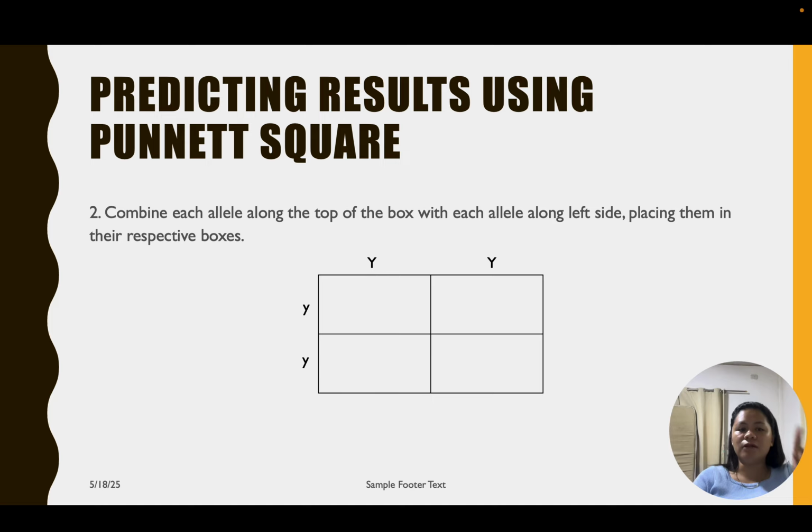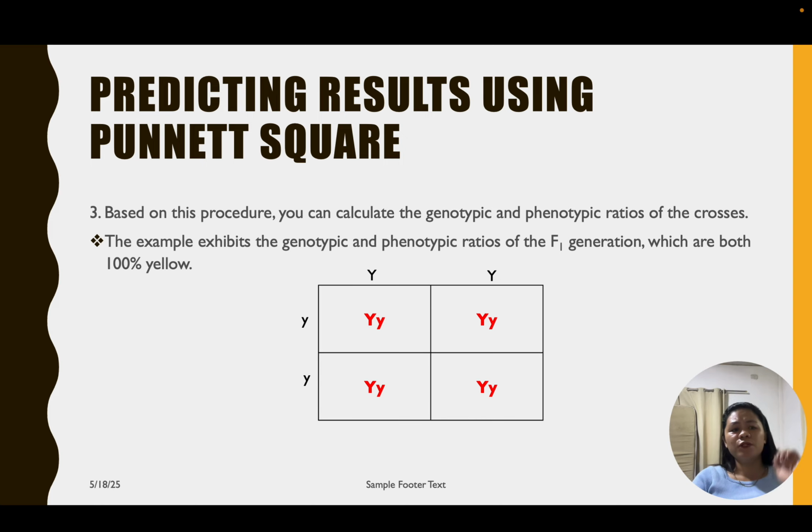Combine each allele along the top of the box with each allele along the left side, placing them in their respective boxes. Okay? So based on this procedure, you can calculate the genotypic and phenotypic ratio of the crosses. The example exhibits the genotypic and phenotypic ratio of the F1 generation, which are both 100% yellow.